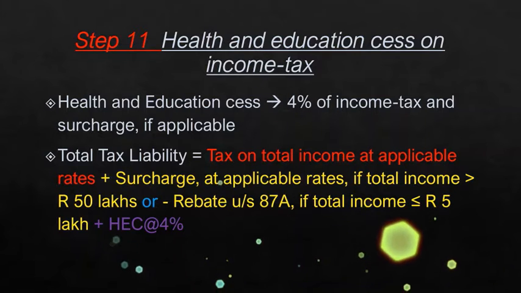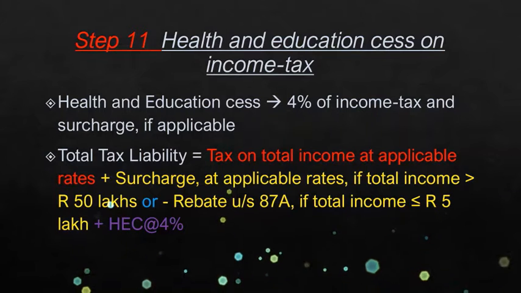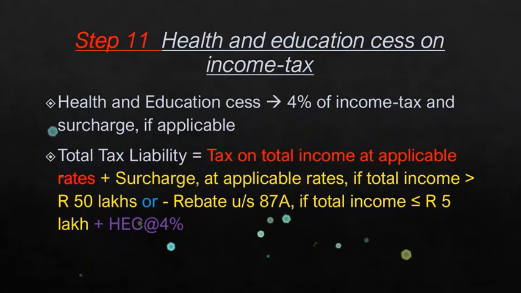Total tax liability equals tax on total income at applicable rates plus surcharge at applicable rates. If total income is 50 lakhs or more, plus HEC at 4%. Rebate U/S 87A, if total income is less than or equal to ₹5 lakh.